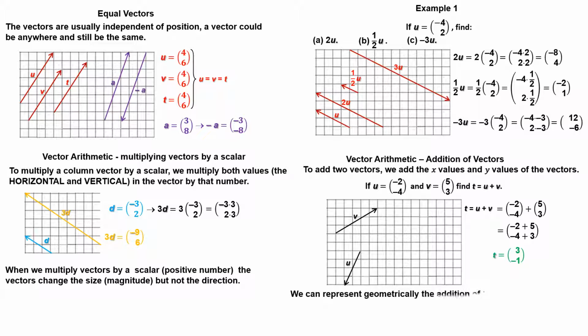We can represent geometrically the addition of two vectors by drawing the first vector, then starting the second vector where the first vector ends.